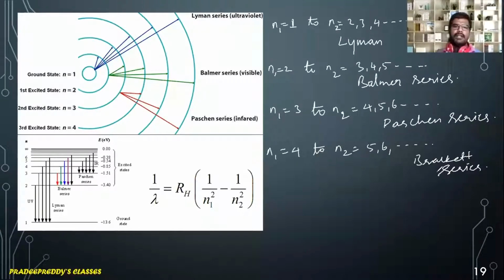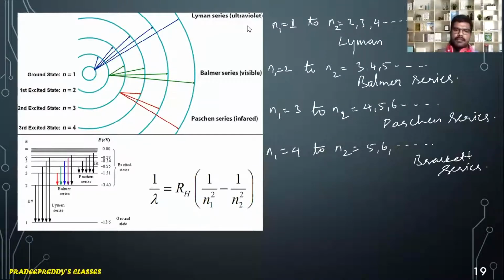So these are all the different types of emission spectrum observed for hydrogen: Lyman series, Balmer series, Paschen series, Brackett series, and Pfund series.